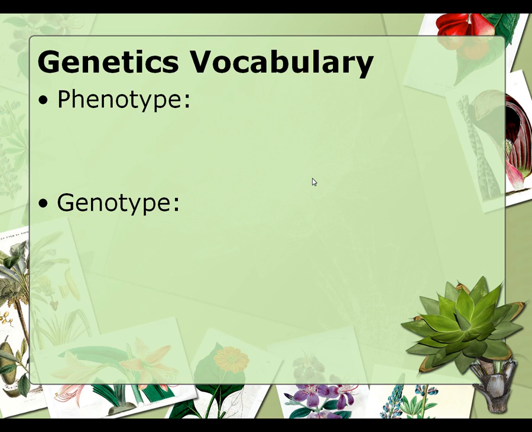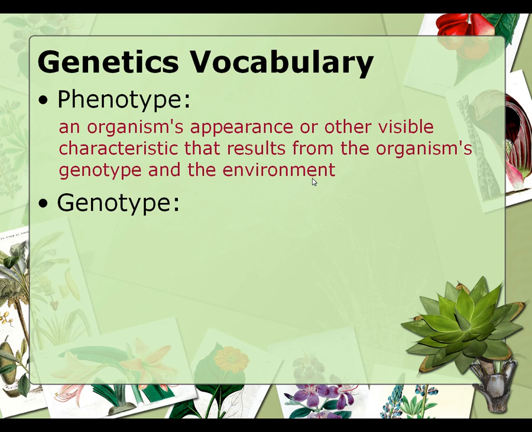Phenotype and genotype are not synonyms. Looking at the prefixes, while you may have no idea about pheno, geno hopefully reminds you of genes. So your genotype is actually the collection of all of your genes that make you who you are. The prefix pheno you can associate with phenomenal. It's how you look. And most days you guys look phenomenal.